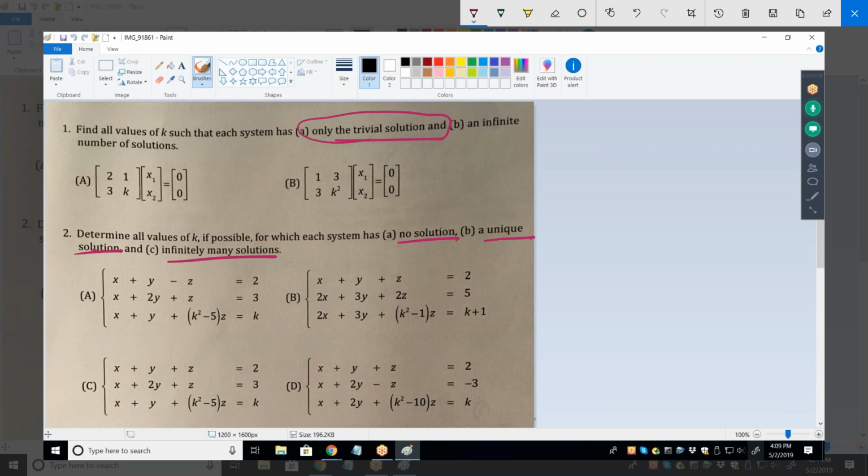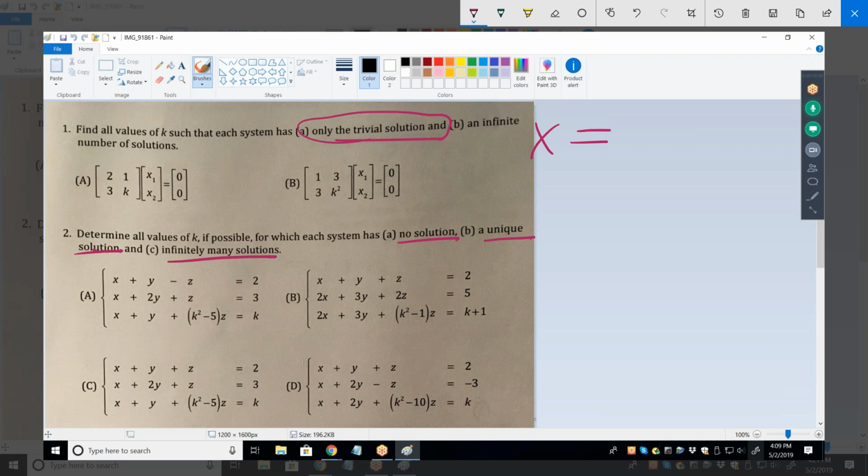What trivial solution, I think what they described it to me as was, I guess it's kind of like what they have shown. It's basically the solution when the coefficients are equal to 0, or when the constants are equal to 0.